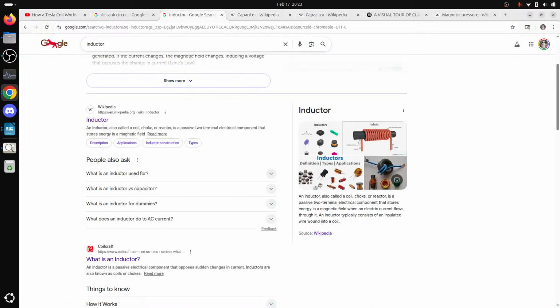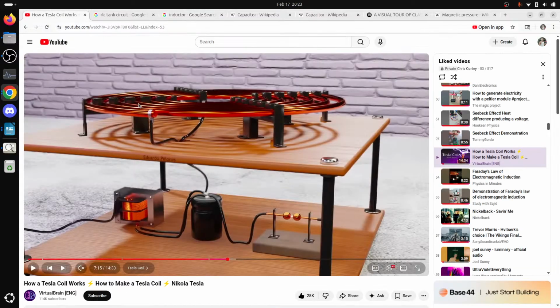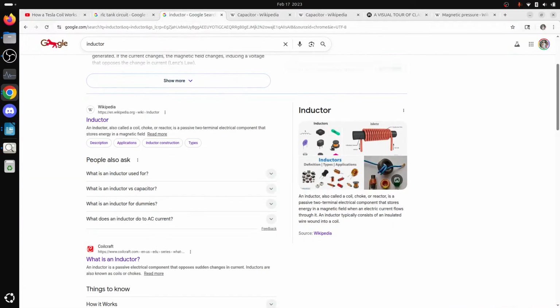So the inductor is simply an electromagnet. It stores potential in a magnetic field. It makes a magnetic field, like in this Tesla coil. It's an inductor, just a coil of wire.